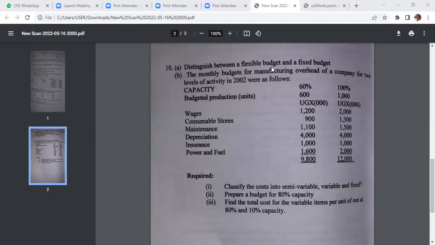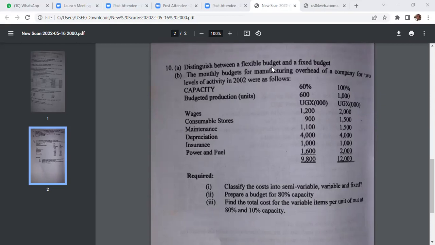The flexible budget must match the level of activity as in the actual performance of the business. Basically, that's the difference between a flexible budget and a fixed budget.